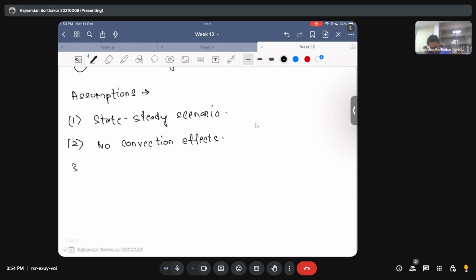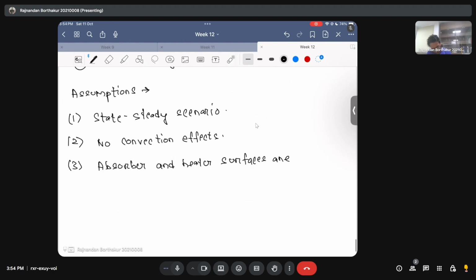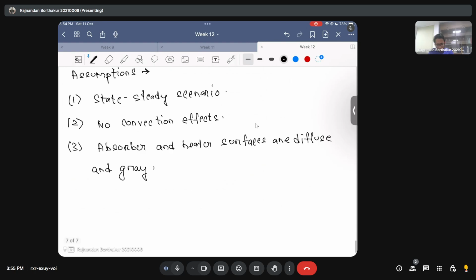Then this is an important assumption that we'll consider, that the absorber and the heater surfaces are diffuse and gray, meaning that there are no spectral and directional effects that will come into the picture, and which also means that the spectral quantities are equivalent to the hemispherical total quantities of interest.